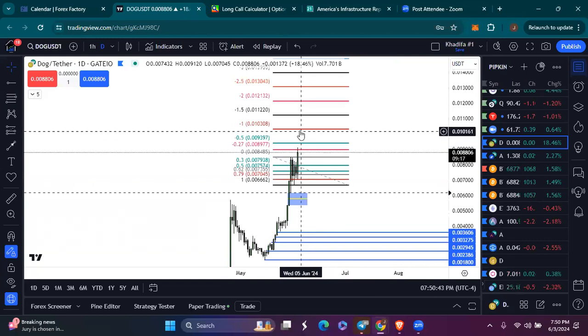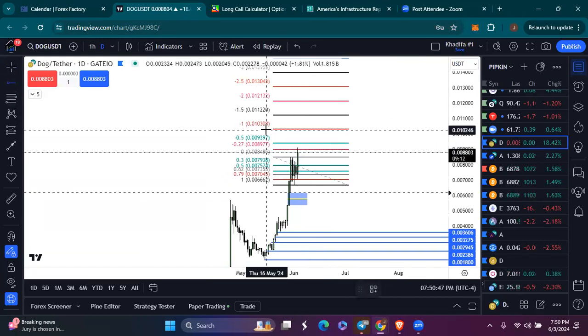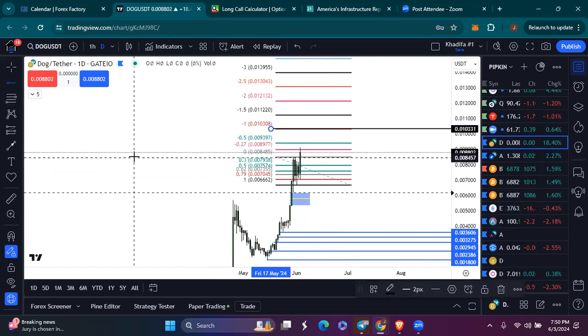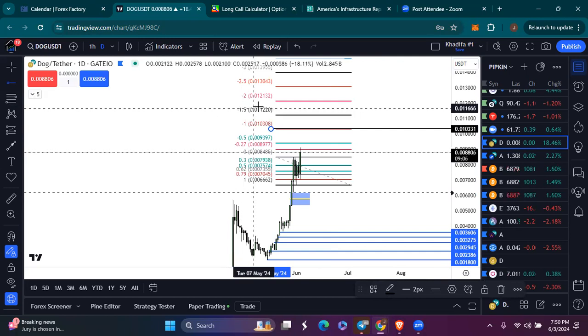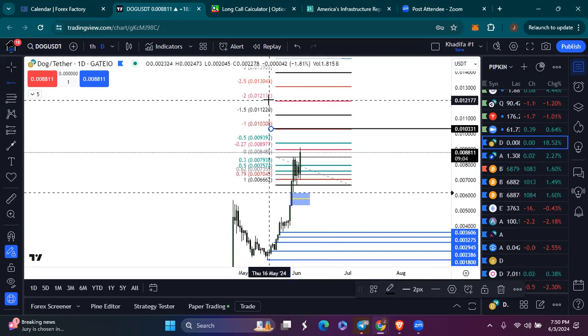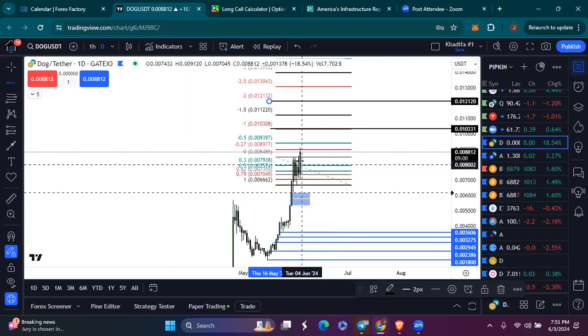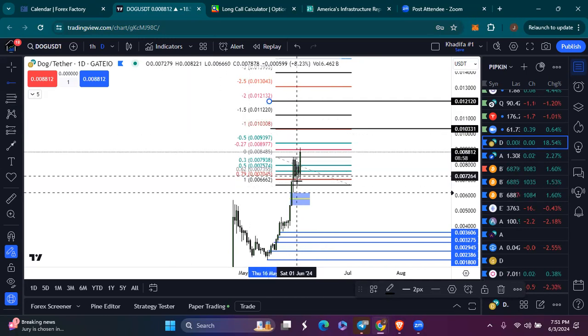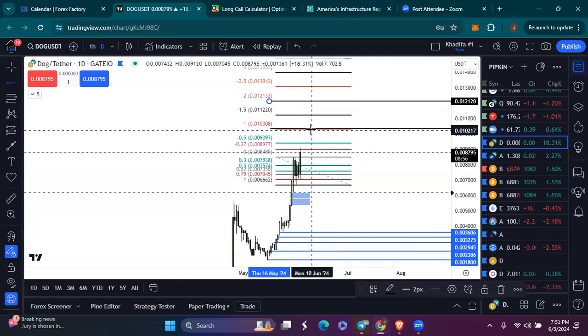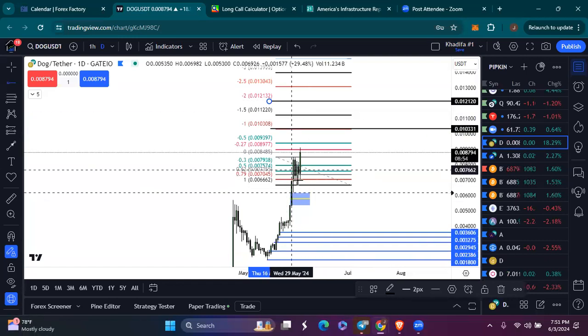Where is one standard deviation? Right here. So this is a psychological level, one standard deviation, two standard deviations from this retracement. That's what I'm measuring. I'm measuring the standard deviations from this retracement.